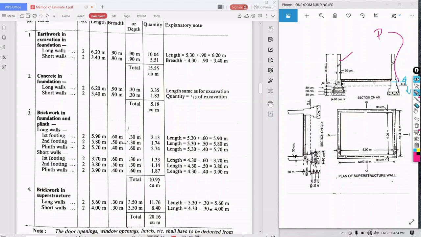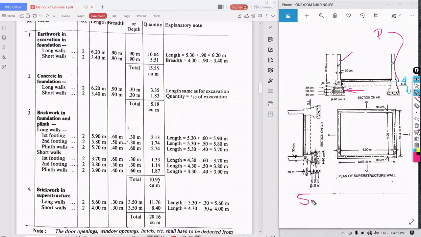Okay. So now, brickwork in foundation and plinth. So we'll take the same walls, long walls and short walls. So first we will calculate all the long walls. Okay. So for the first footing, we are going to consider the first footing here. So what will be the length for the first footing?